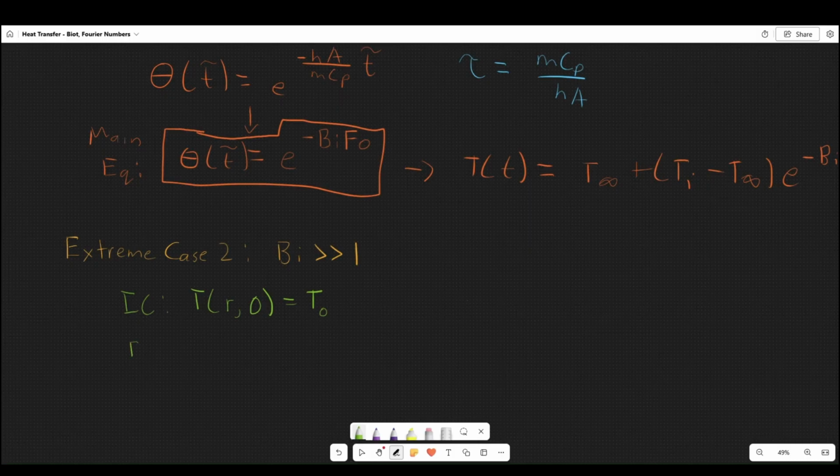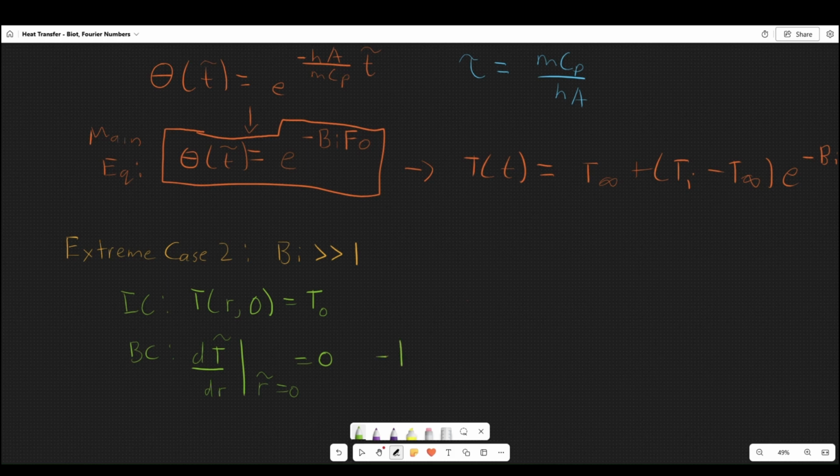The same thing for the boundary conditions. We have dθ/dr, with non-dimensional radius, when that equals 0, this equals 0. This is the symmetry boundary condition.